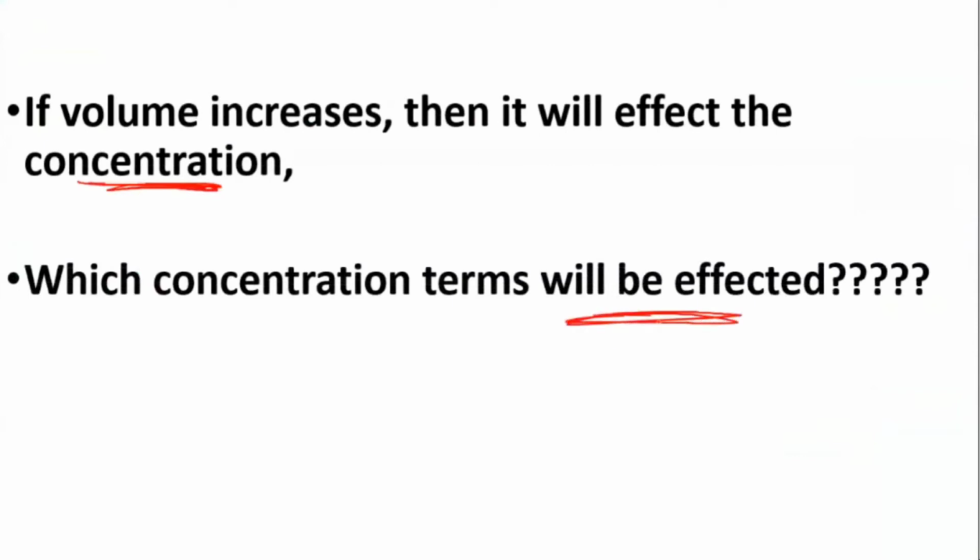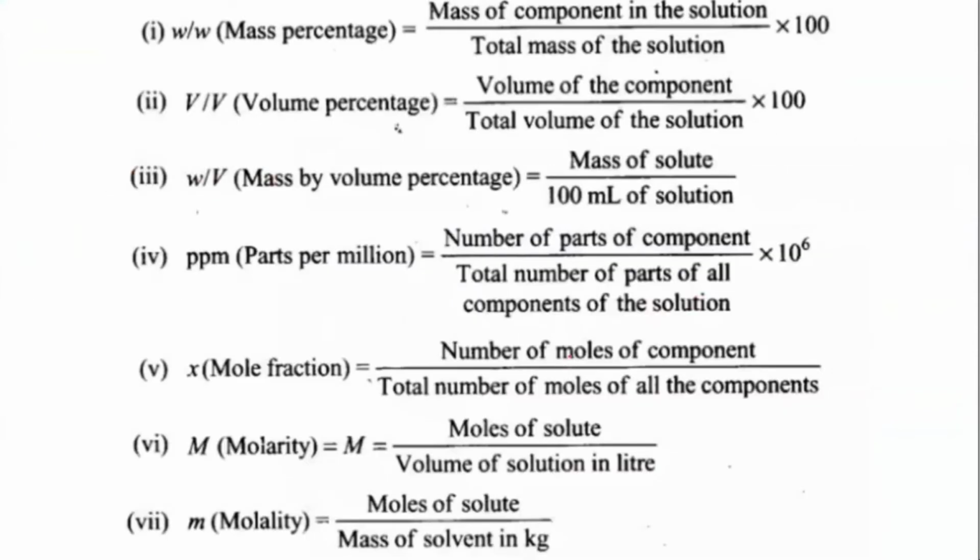Out of these 7, which concentration terms will be affected by the temperature? The first one doesn't have volume; only the ones which have volume will get affected, correct? So I will mark only the ones which have volume. The second one, volume percentage.